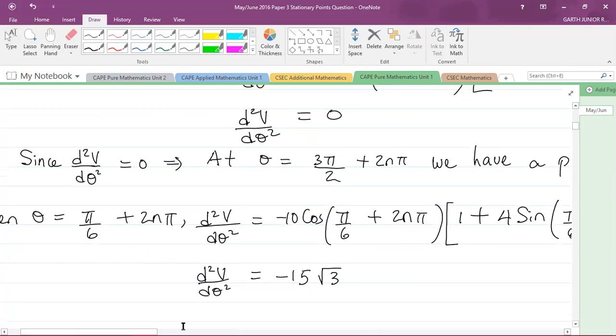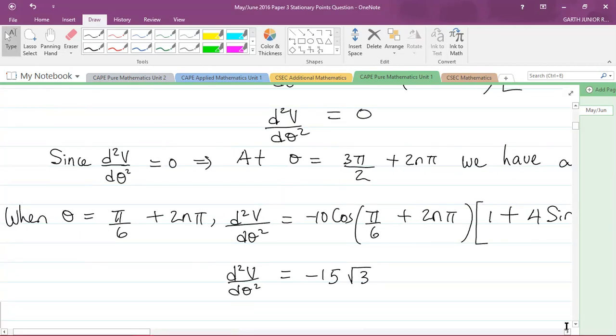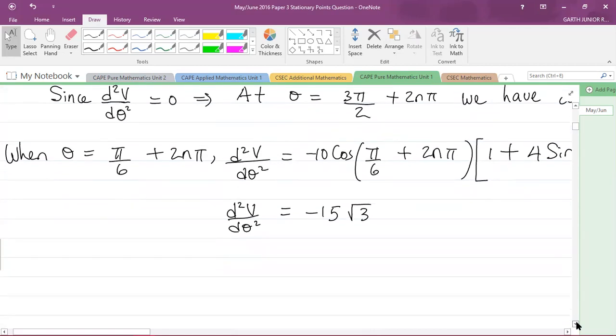So let us just now write what that means. Since the second derivative d2v by d theta squared is less than 0, what does that mean?